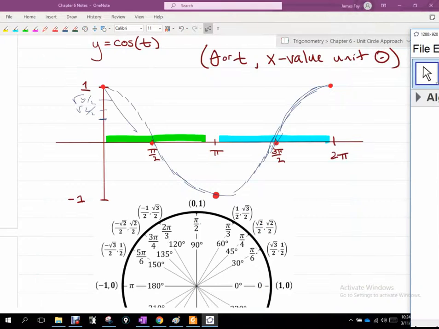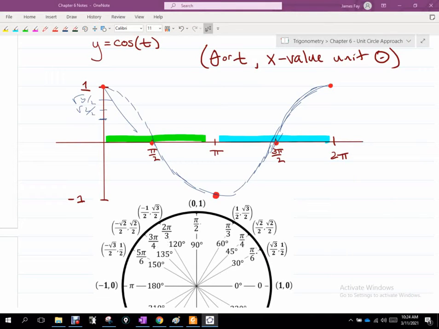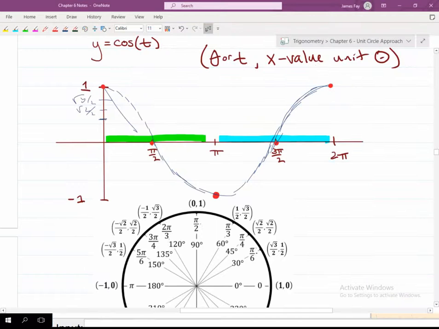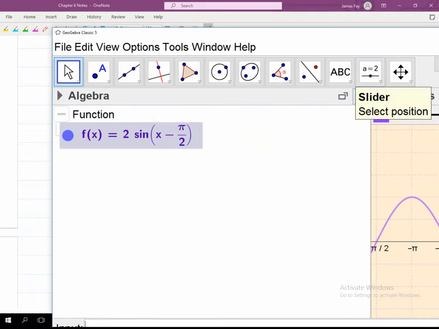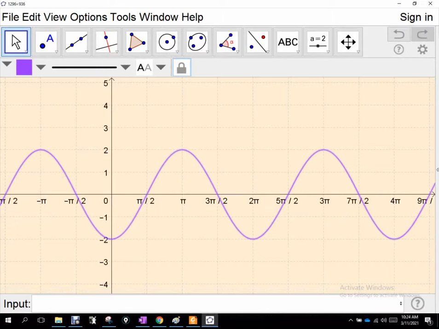Okay, and I'll give you something like this. I know you can't see this right now. I can give you that right there, okay?